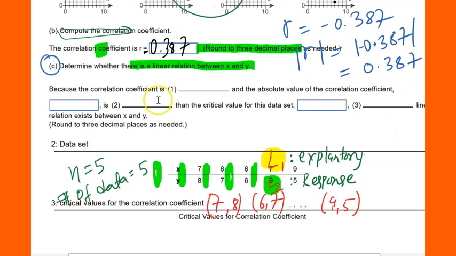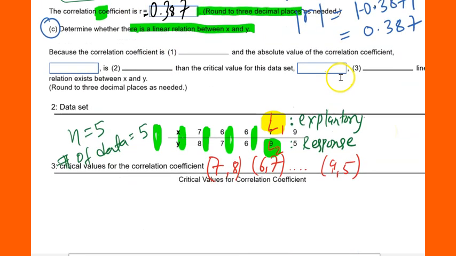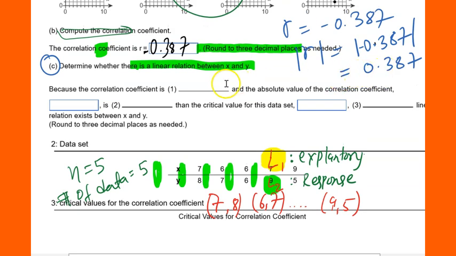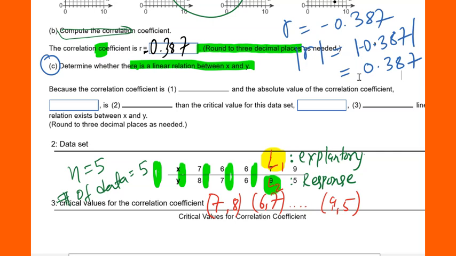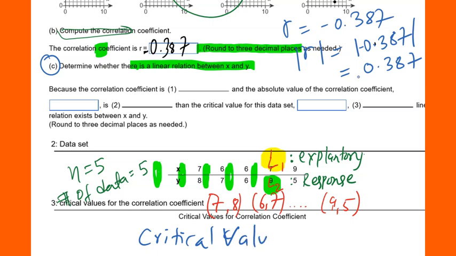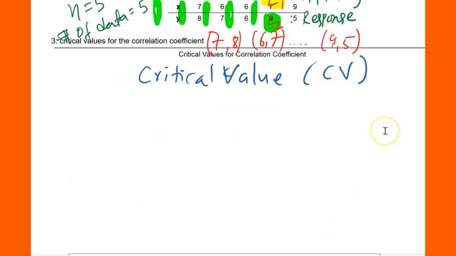Now, to see whether a linear relationship exists or not, you're going to find the critical value. What's the critical value? The critical value, CV, is always given for you in the problem.